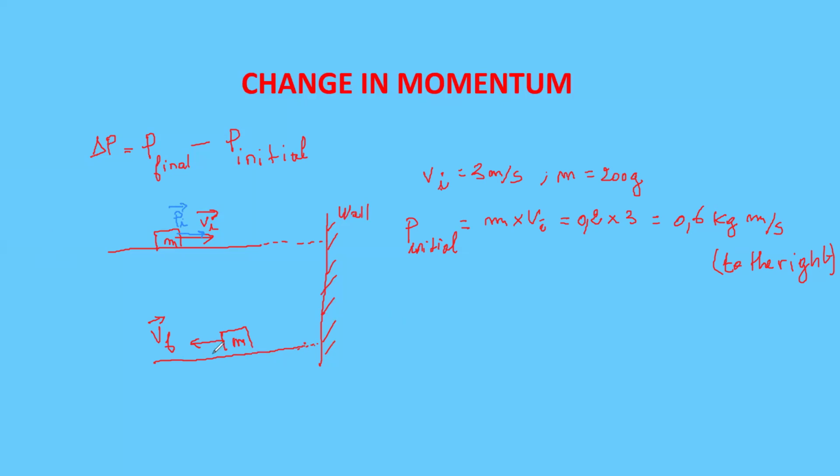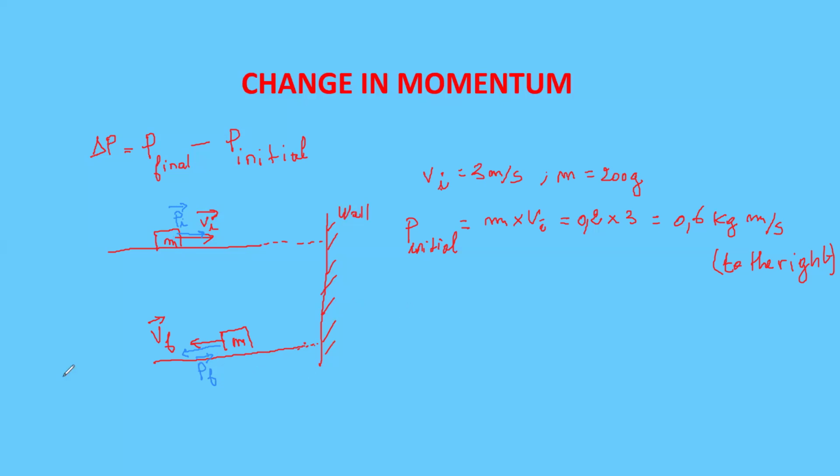And in the final state, the momentum PF is oriented to the left. After finding this value, 0.6 kilogram meter per second, I can say to the right, because initially the PI is oriented towards the wall. After it bounces off the wall, it will return to the left.